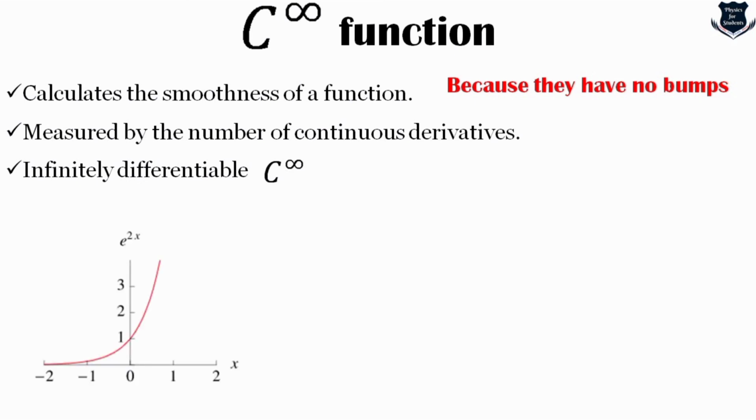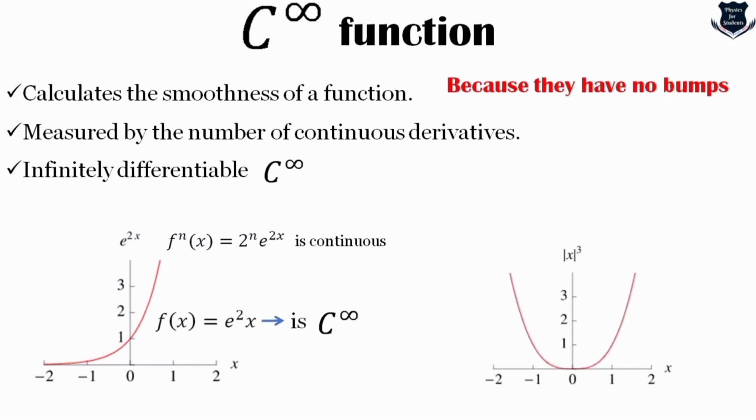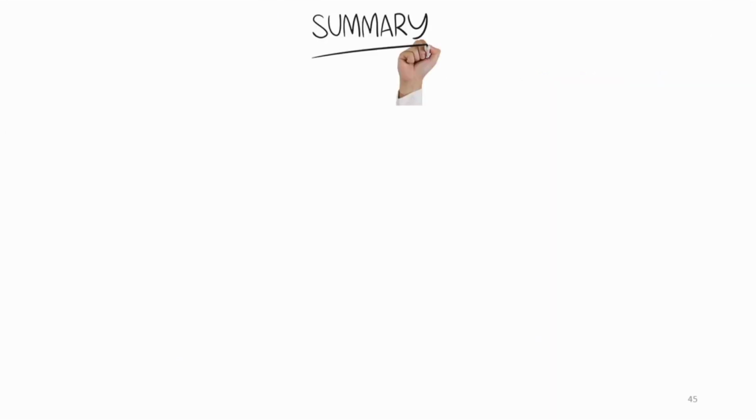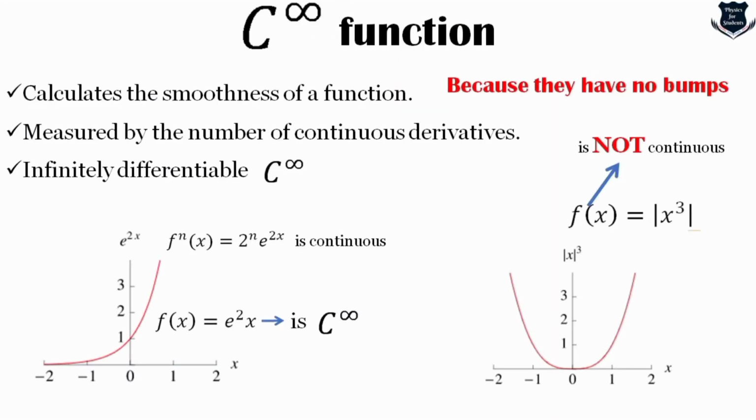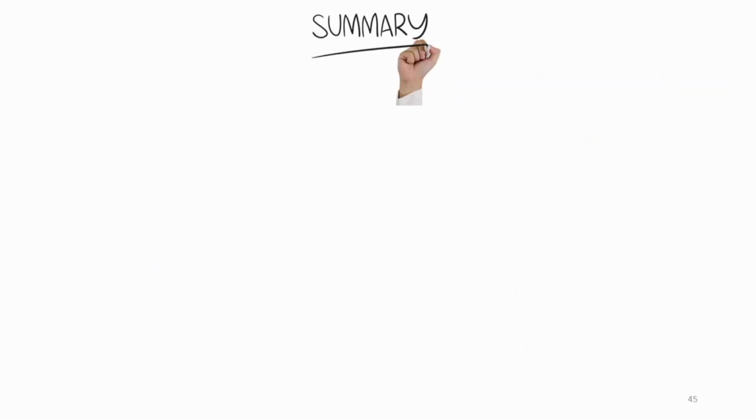Here you see this function is continuous and goes up to C infinity, whereas this function is not smooth because it has bumps. So C infinity is about the smoothness of a function, its continuous derivatives up to infinity. There is also something called a C to the power k function, for positive integer k. I am not going into that.